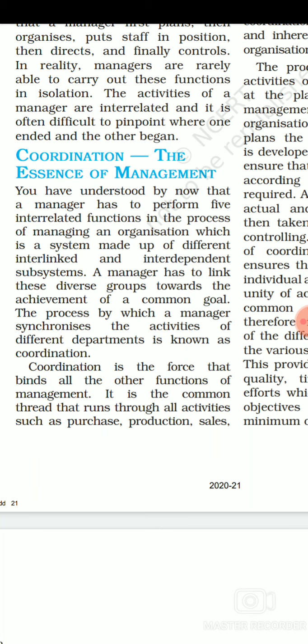Now once I have appointed the right person for the right job, what needs to be done? That is the fourth function of management, which is called directing. Directing basically means that you have everything: you have already planned, you have already arranged the resources, you have already appointed the people who are going to use these resources according to your plan.